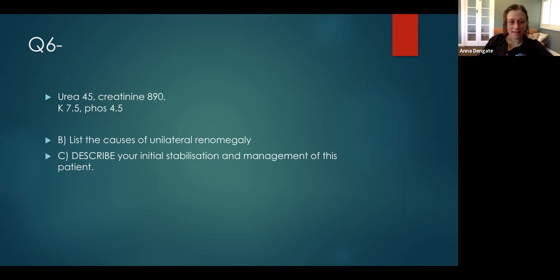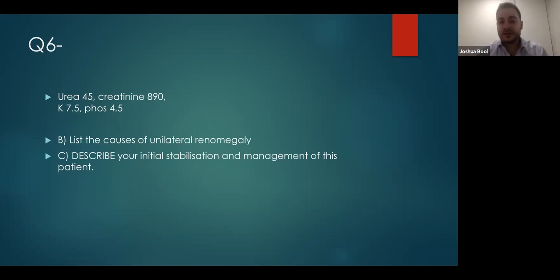Now, question C, describe your initial stabilization and management of this patient. For initial stabilization, what I would want to do is firstly try and find out if the urethra is patent. So I'd want to place a urinary catheter. The other main concern I would have would be with the potassium being quite high.